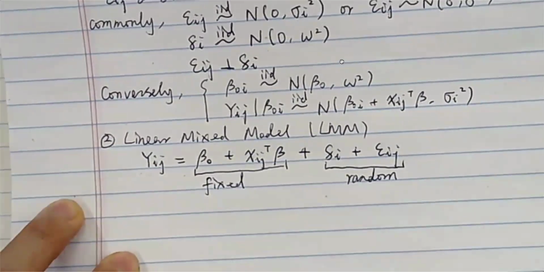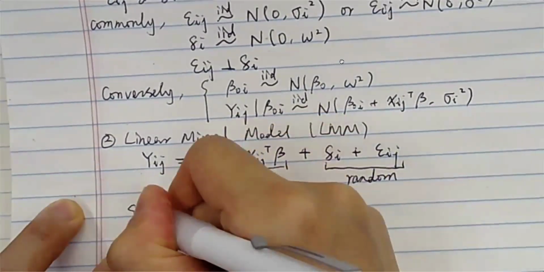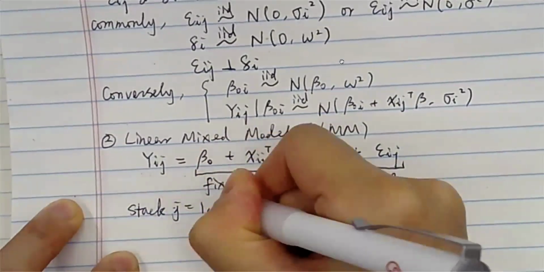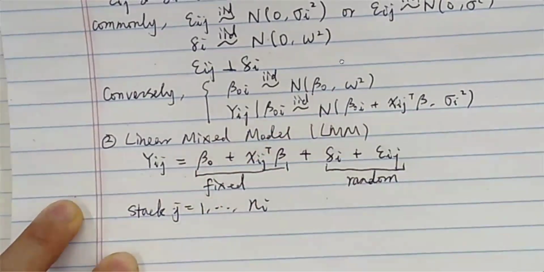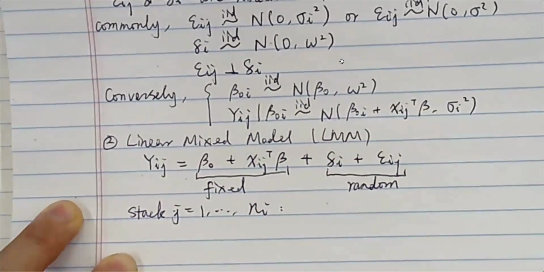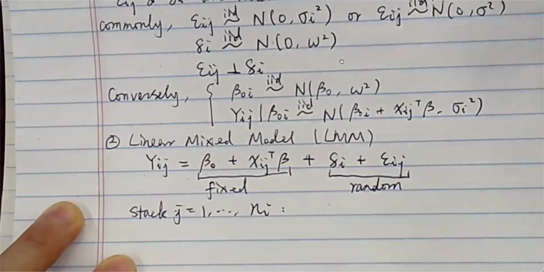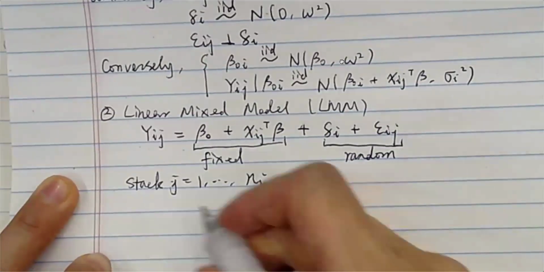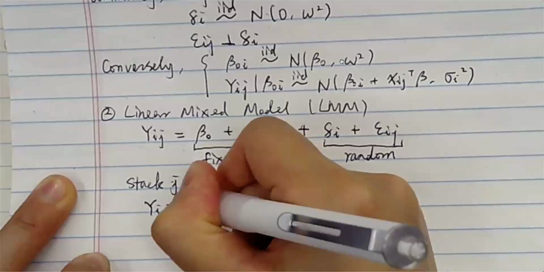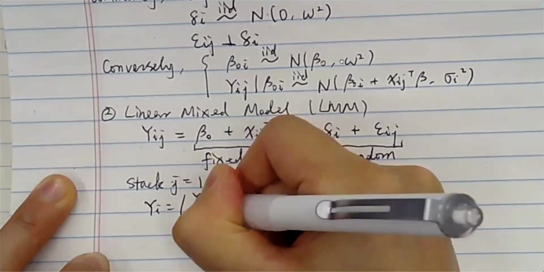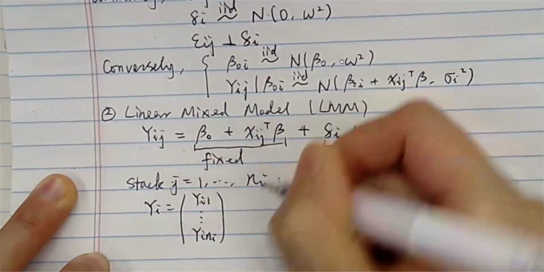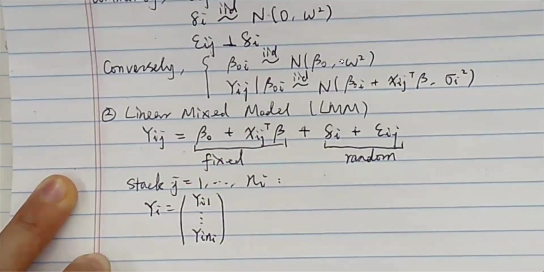But now if I stack j from 1 to Ni, then I can have a group i linear mixed model in the matrix form. So I can just write Yi as Yi1 to YiNi. I have Ni observations in group i.